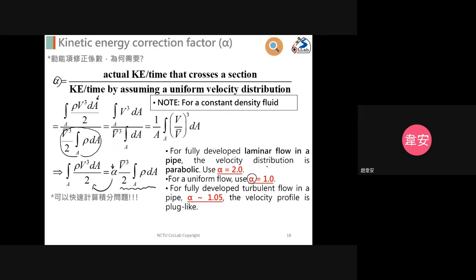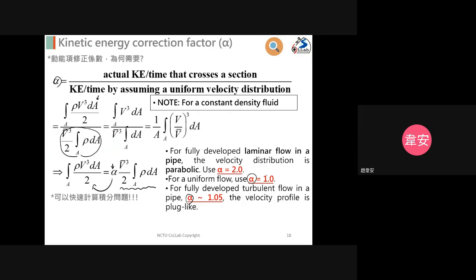And for fully developed turbulent flow in the pipe, the alpha is close to 1, because turbulent flow behavior tends to change the velocity profile toward uniform flow. So that's why there are two alpha values for different conditions.